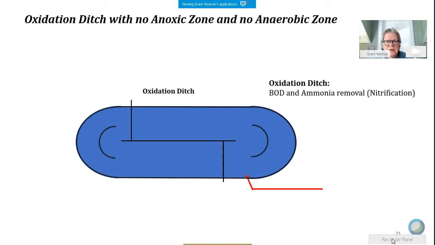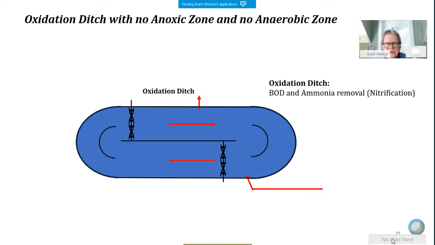Well, the ditch is designed with generally horizontal shaft rotors. It can be vertical rotors, as I had in some of the previous illustrations. But they're designed so that however many aeration devices there are, they run all the time.